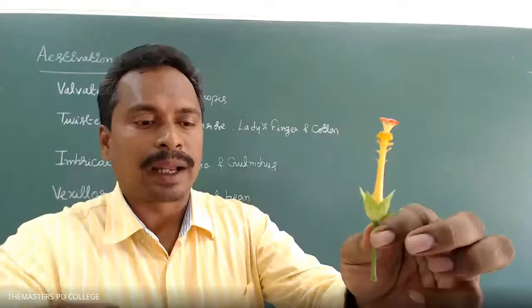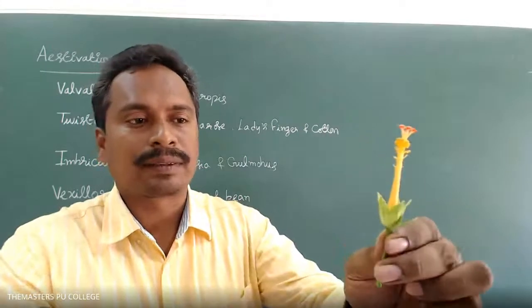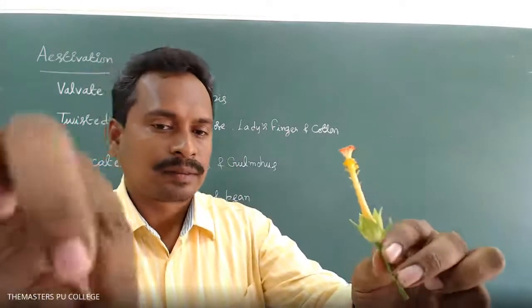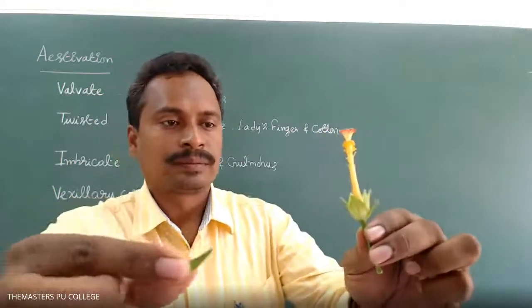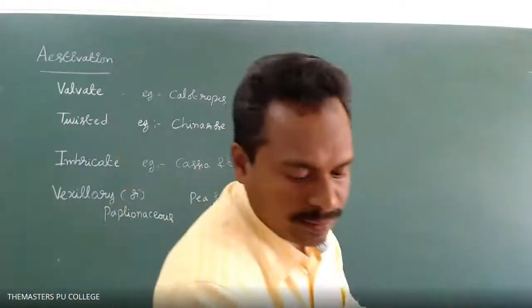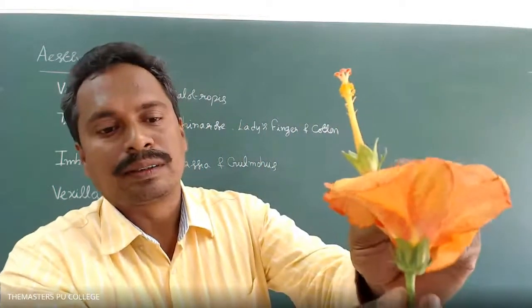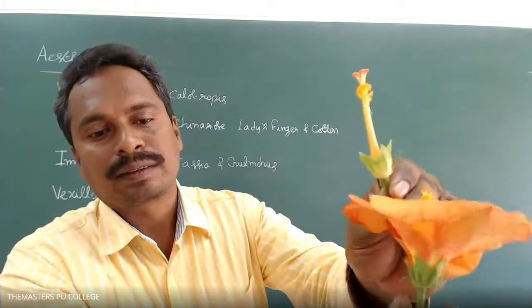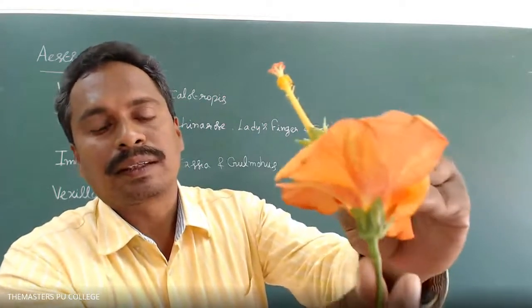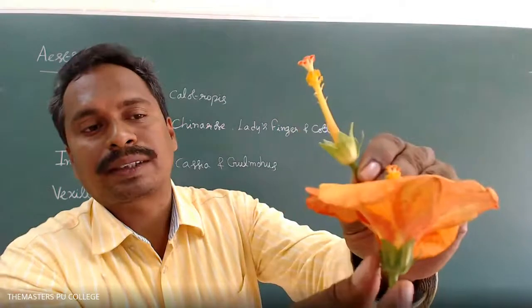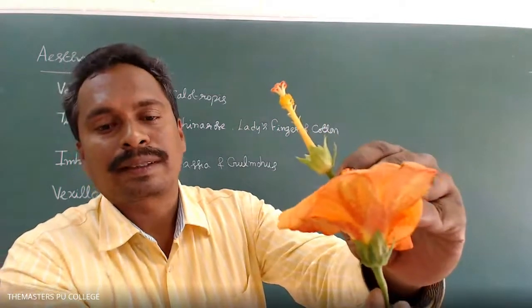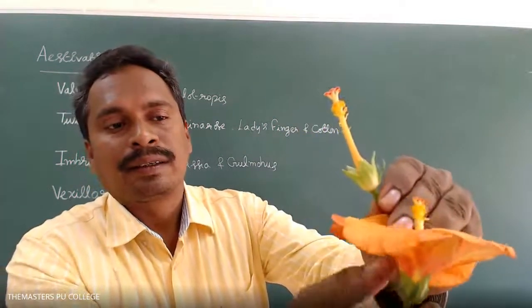Sir, bracts? Bracts are absent here in this flower. Ebracteate. The small leaf-like structures attached below the calyx are the epicalyx.